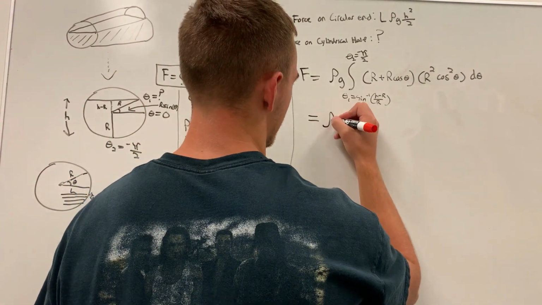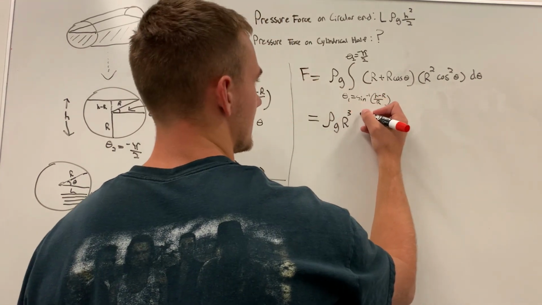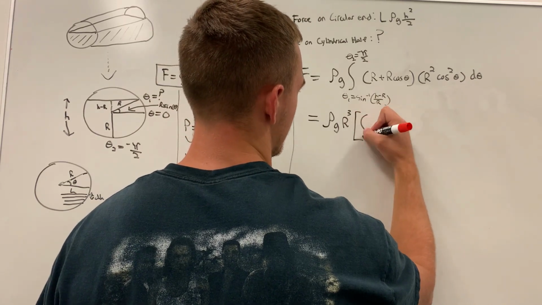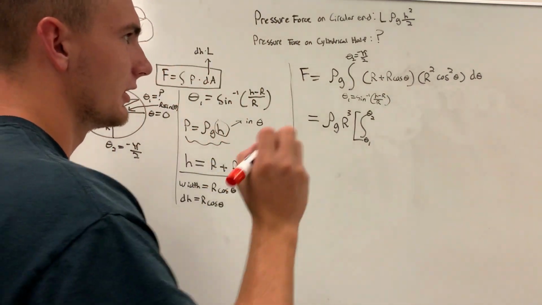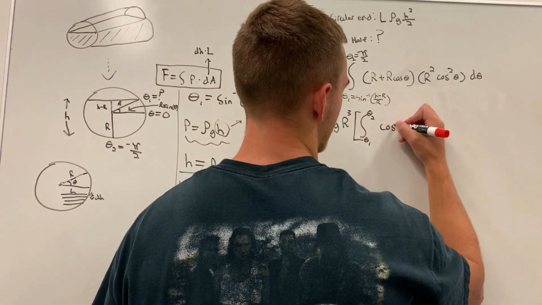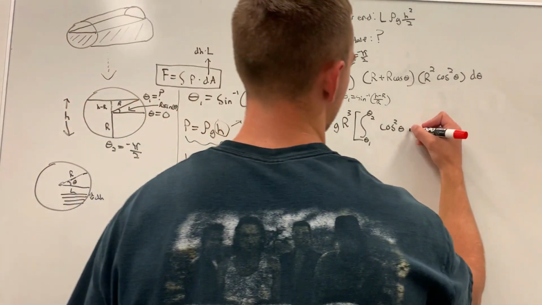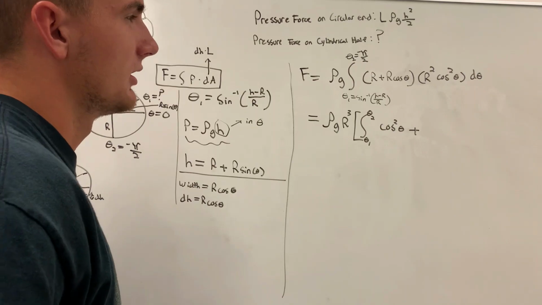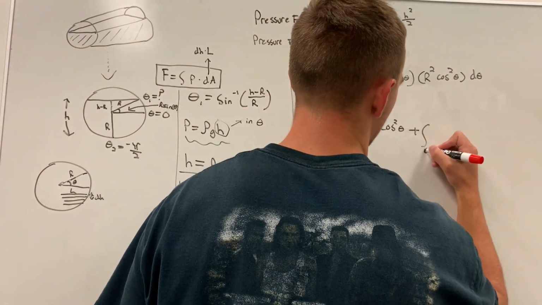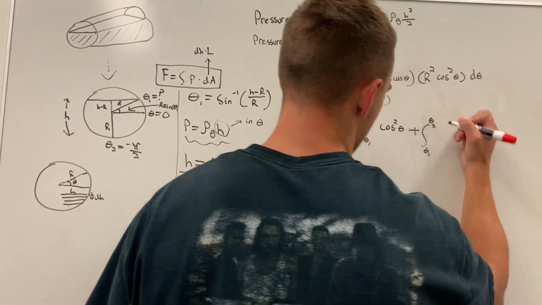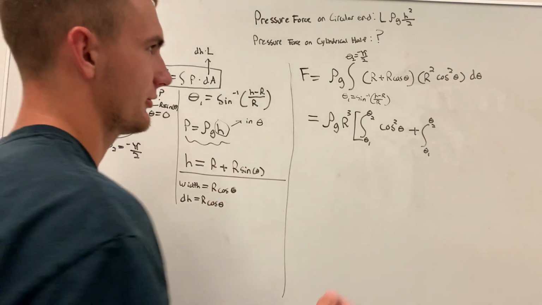So I have rho g times R cubed, multiplied by the integral from theta 1 to theta 2 of cosine squared theta. And from here, we'll have our next integral, again from theta 1 to theta 2, and this time we will have sine theta times cosine squared of theta.